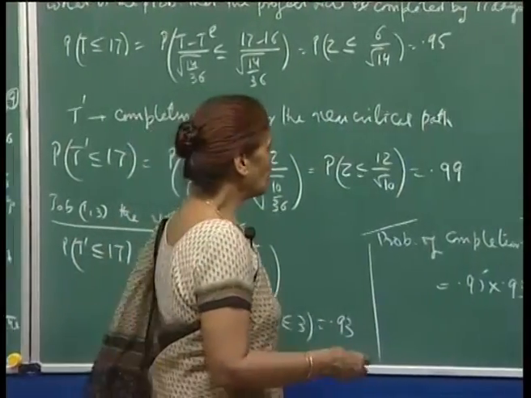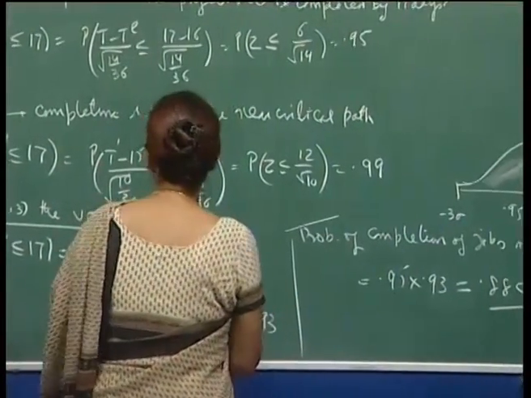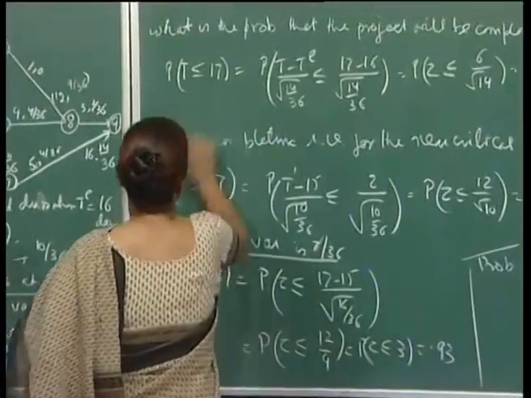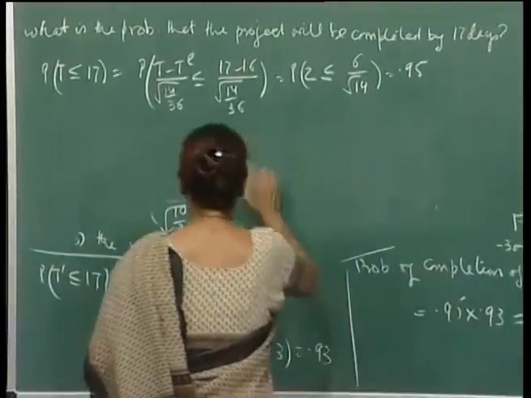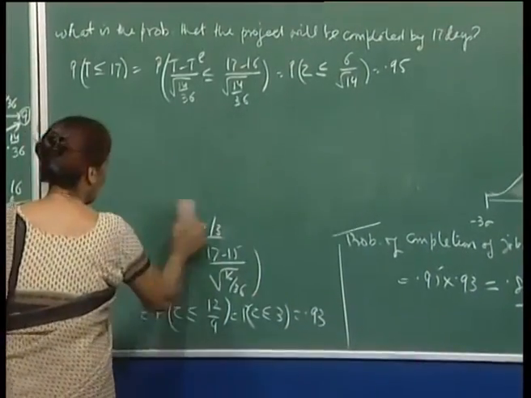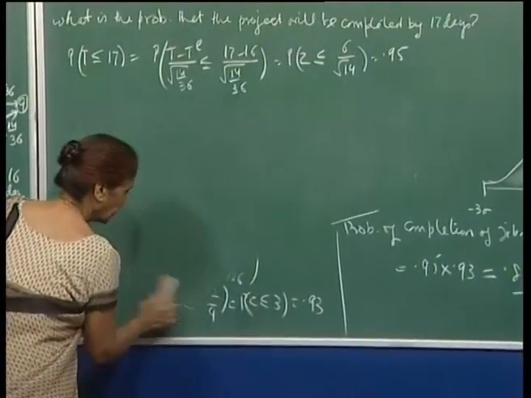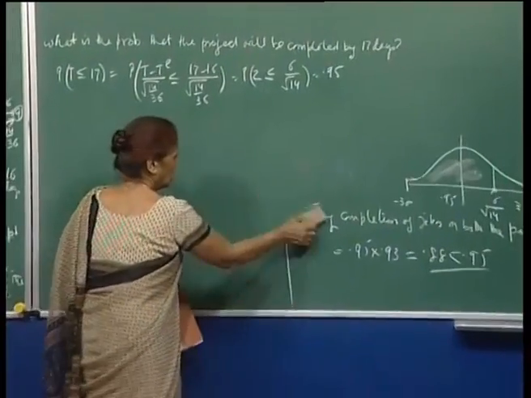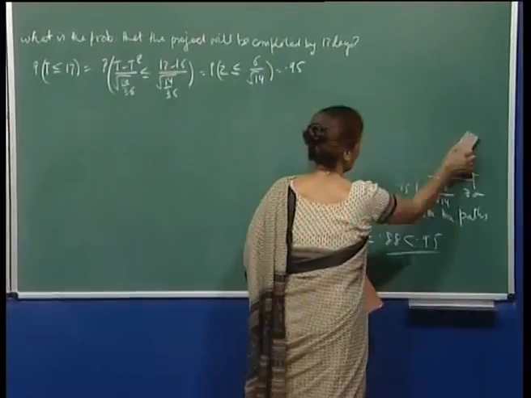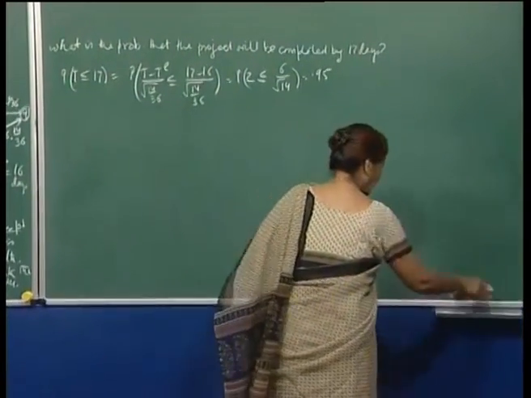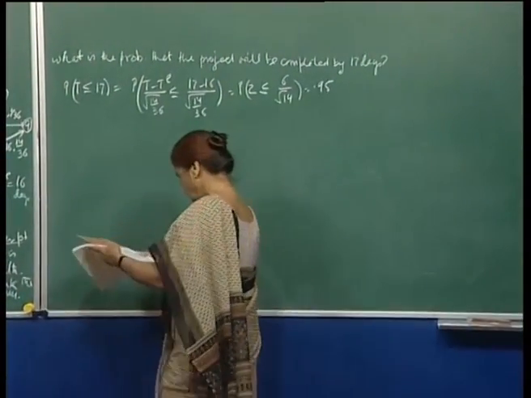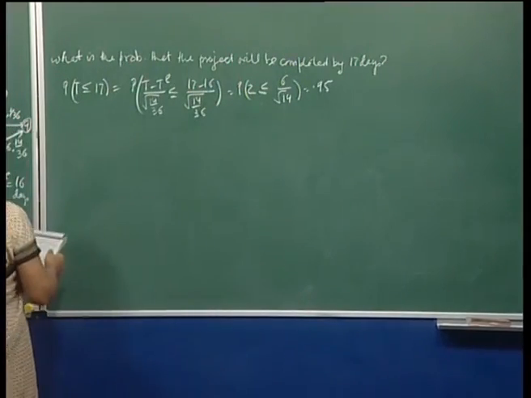So, for example, if you want to answer the question, let me write it down. You are asking what is the probability that your project will get completed by a certain date, say 17 days here.